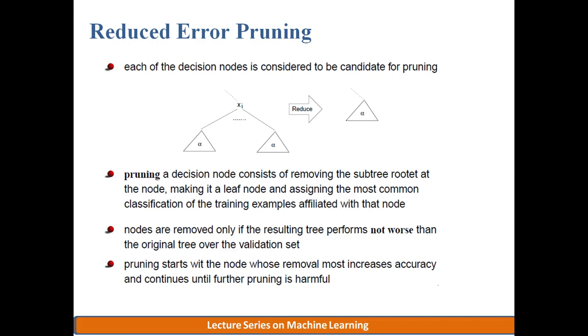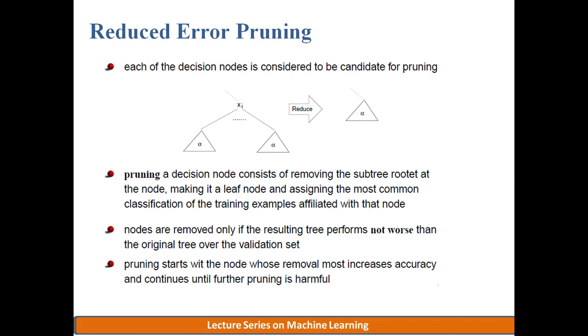Now, one approach is reduced error pruning. Here we consider each of the decision nodes in the tree to be candidates for pruning. So what is pruning?